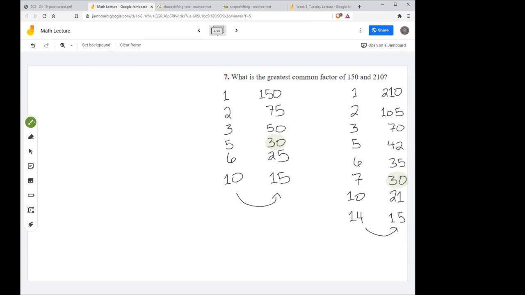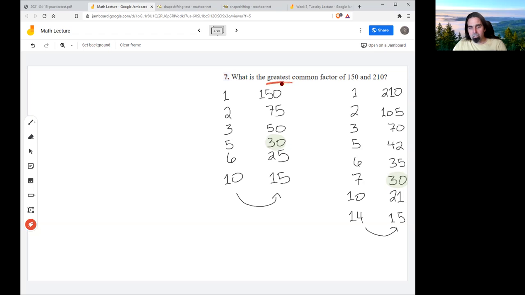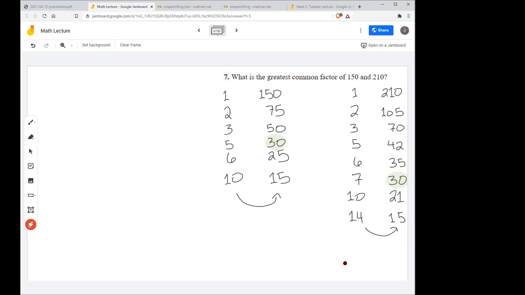So why wouldn't it be 15? Because it's asking what's the greatest common factor. 15 is certainly a common factor, but it's not the greatest one. Oh, okay. That makes sense.